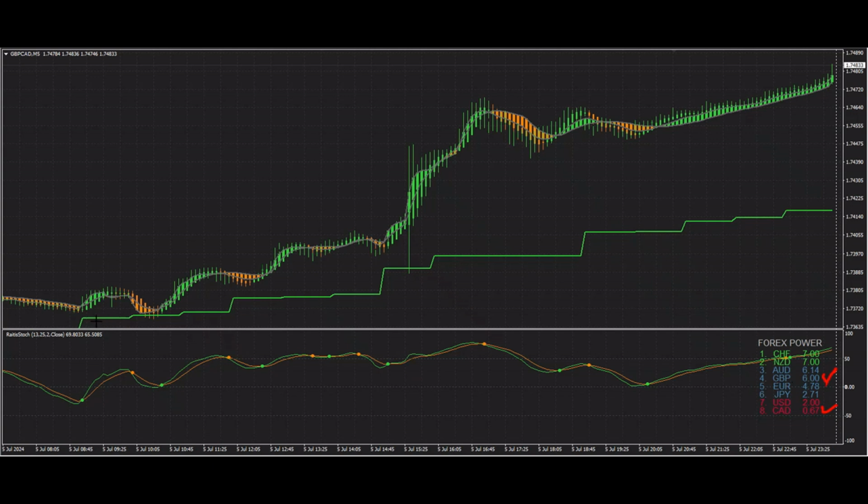You get a signal from our price channel telling us that the price is going to move up. So you see from this point, all the way price has been going up and price is still moving up.